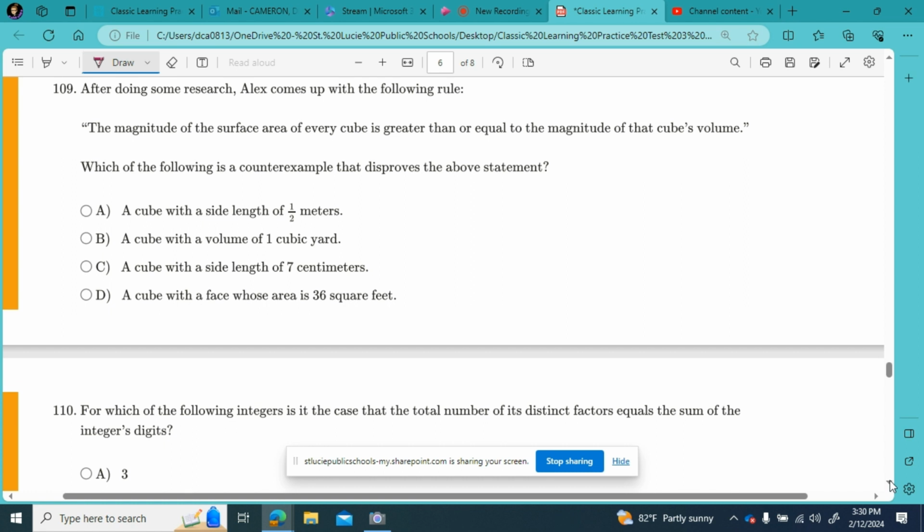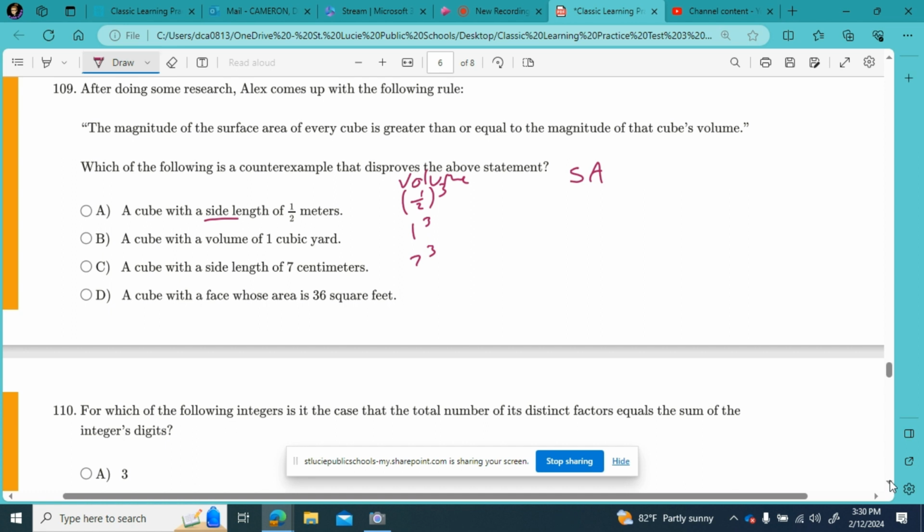So we want to compare the volume and the surface area. To find the volume of a cube, you just say side cubed. 1/2 to the power of 3 for answer choice A, 1 cubed for B, 7 cubed for C, and oh wait, no. B does not say side length.